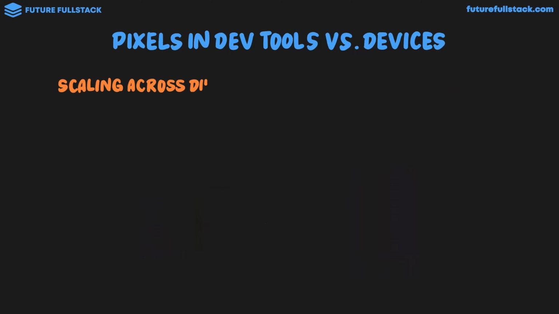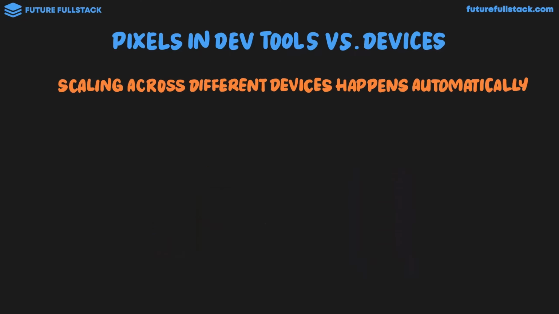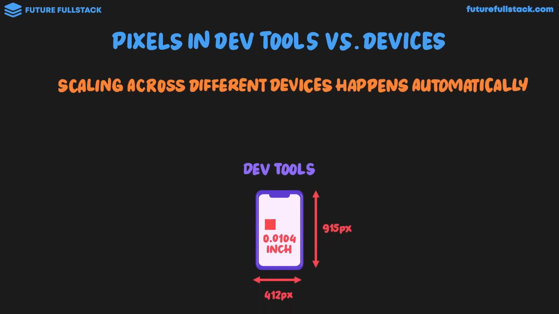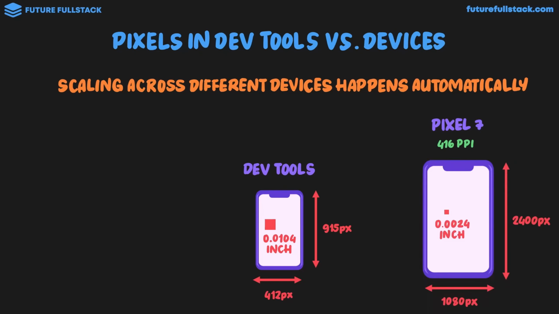Now, scaling across different devices happens automatically. Inside DevTools, we have the setup we just looked at before using the CSS pixel. The Google Pixel 7 has 416 ppi, which means that the length of a physical pixel is 0.0024. The browser knows to use 3 times as many physical pixels to achieve our desired sizing in our CSS.